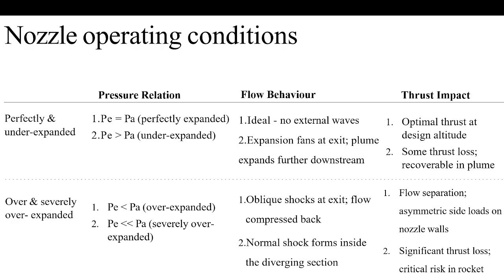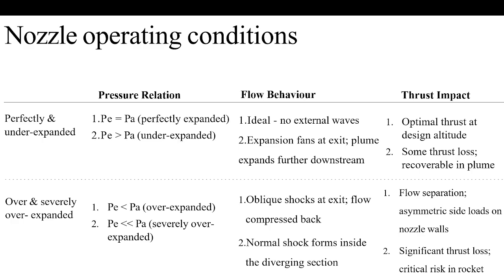Coming to thrust, flow separation causes asymmetry in the side loadings on the nozzle walls, significant thrust loss, a critical risk in rocket design. So one should be able to attain the minimum amount of thrust losses due to the shock waves which are generated.